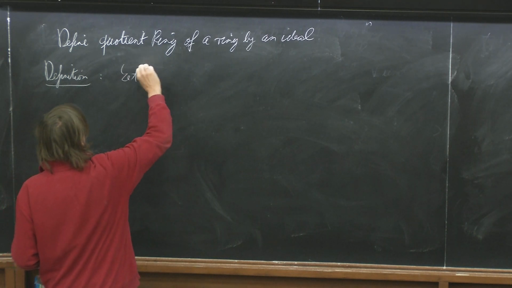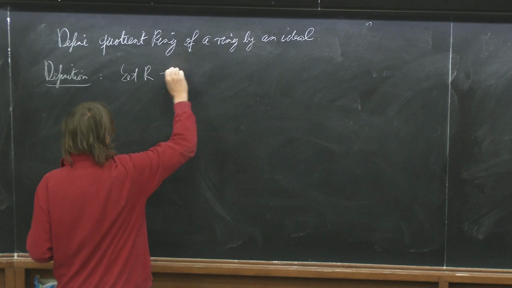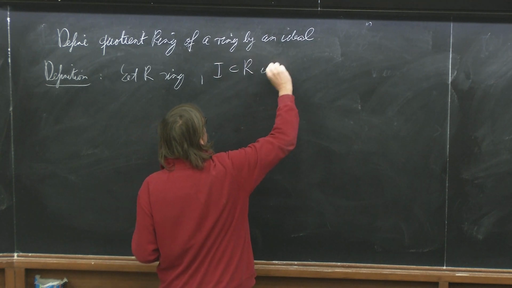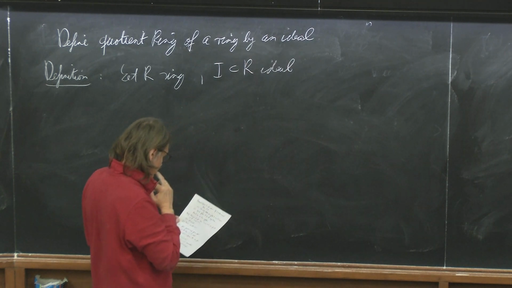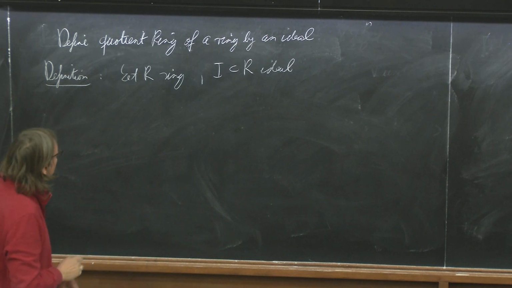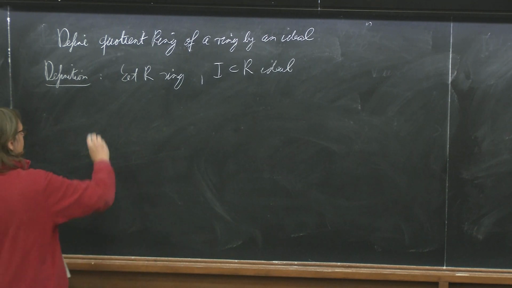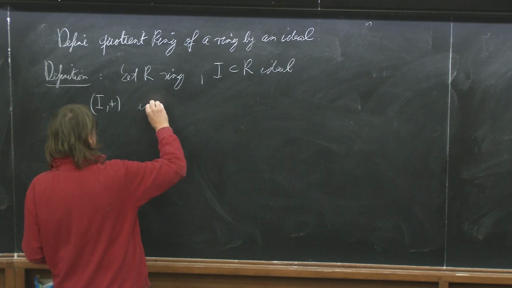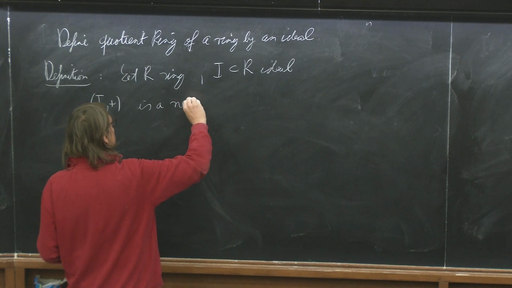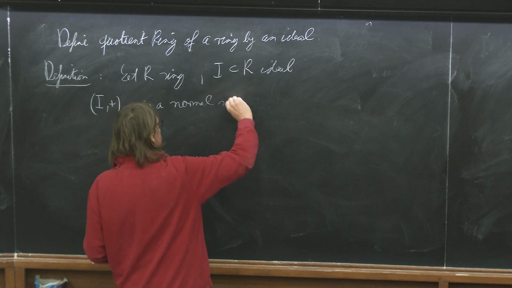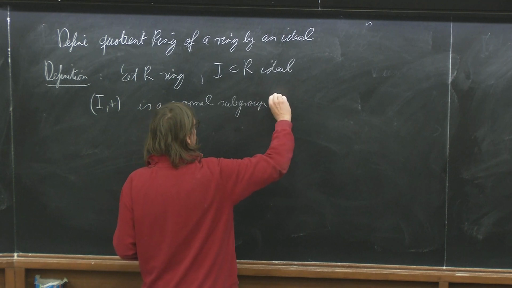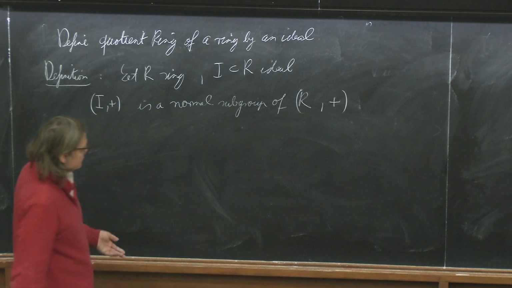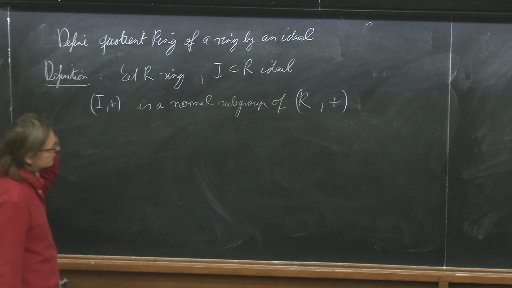Let R be a ring, I an ideal in R. Then if I take I just with the addition, this is a normal subgroup of R with the addition, because it's a subgroup of R with the addition, but the addition is abelian.